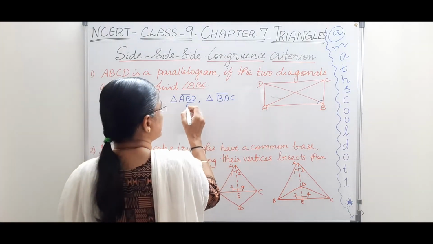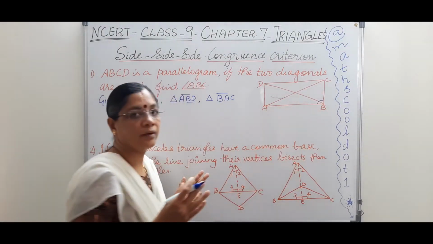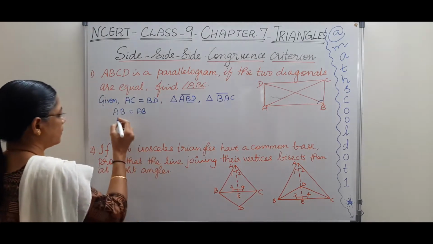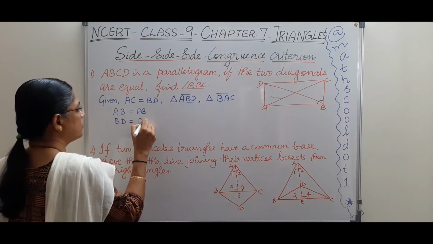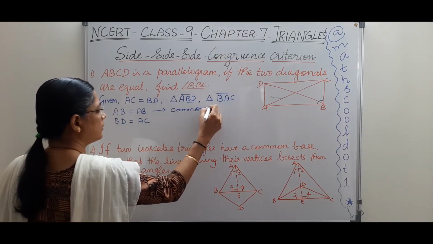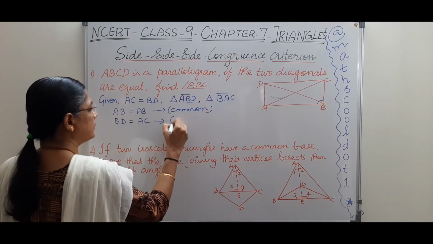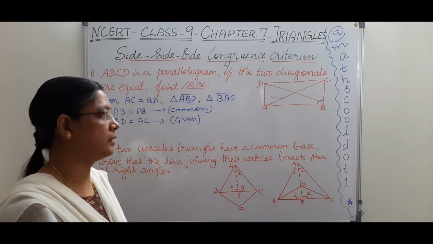Next, what is BD? BD is equal to AC, right? Because both the diagonals are equal, that is given here. So this is common and this is given.